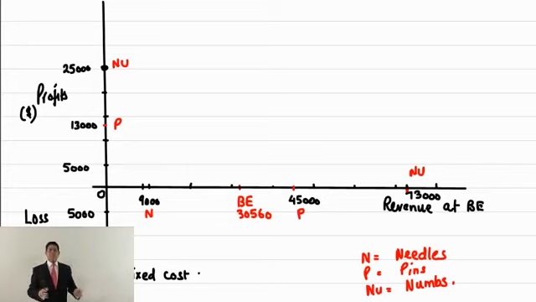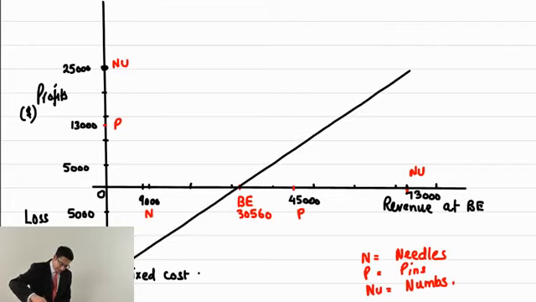Now, once you have done this, let's draw the lines. First of all, when all products are sold together, here is the line for all products. You will start a straight line from the fixed cost point, and you will cross the break even, intersecting the break even, and take it all the way, but your line cannot go beyond this point.